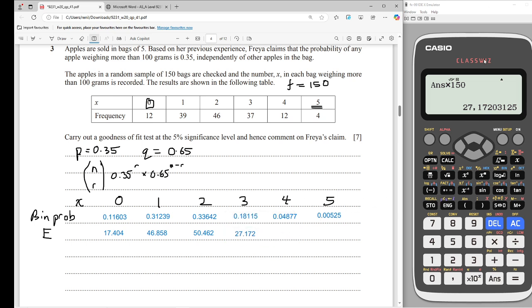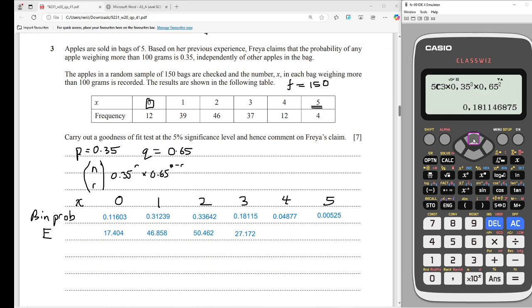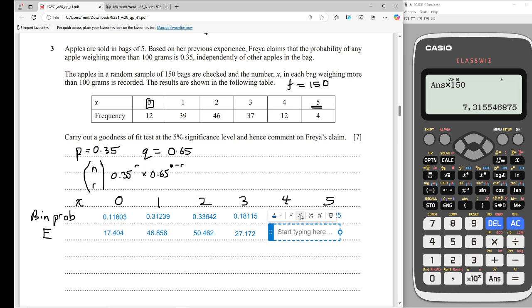We have now next power 1. This is to the power 4, and now we do 5 combination 4, and our probability becomes this, and we multiply it with 150. Our expected value comes to 7.3155.